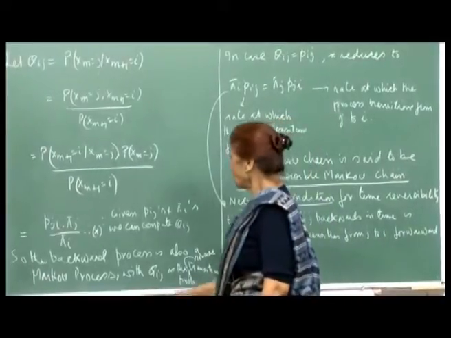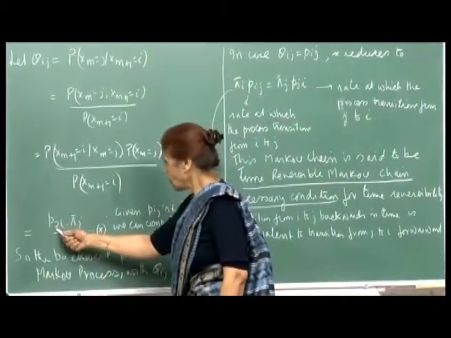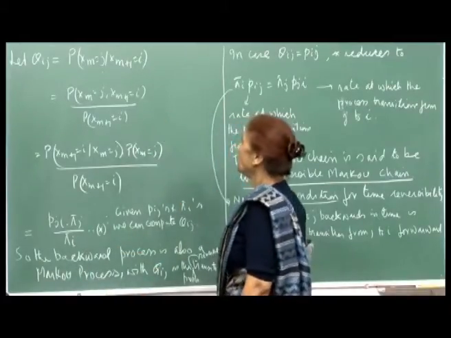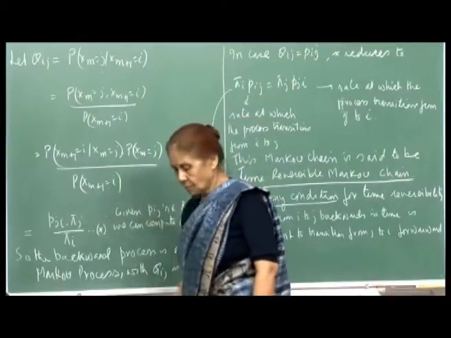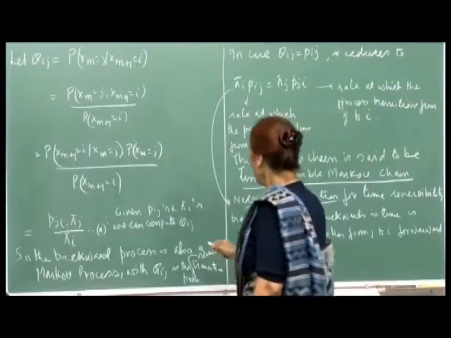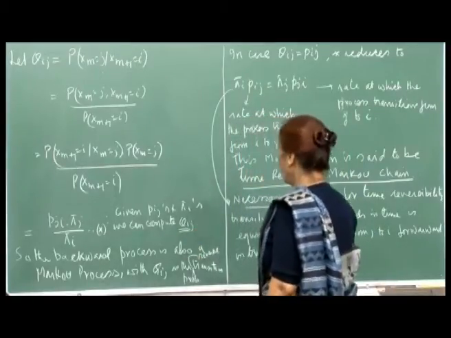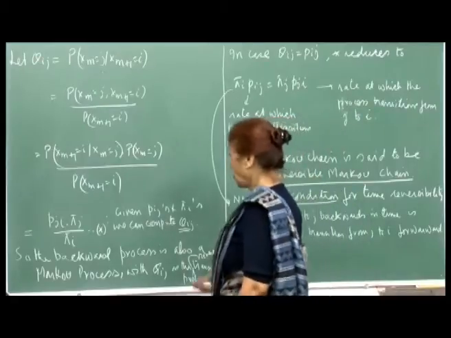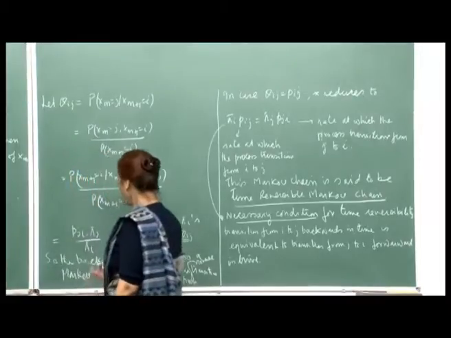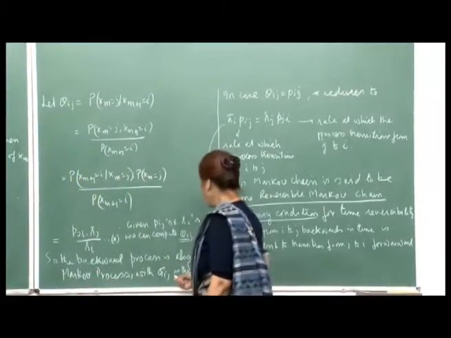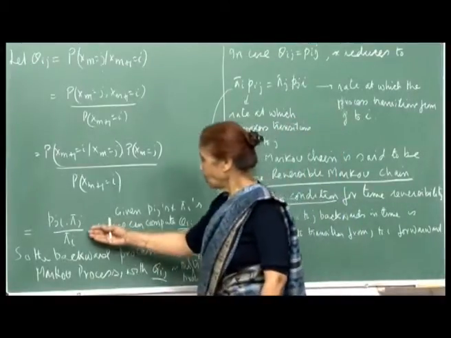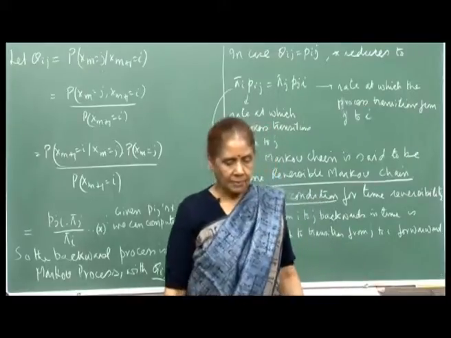So, given the transition probabilities and the stationary probabilities, I can always compute the q i j's, which are the reverse transition probabilities. And so, now I can say that the backward process is also a Markov process, and the reverse transition probabilities are also available given the regular Markov process.